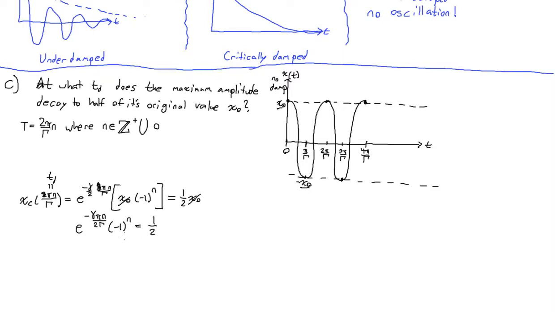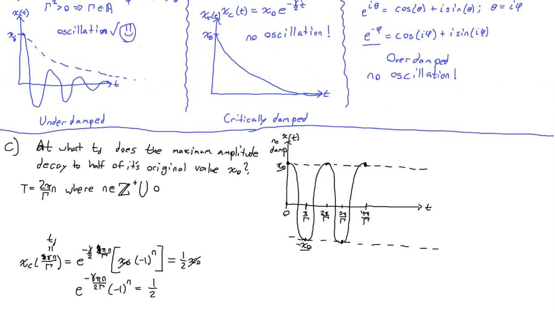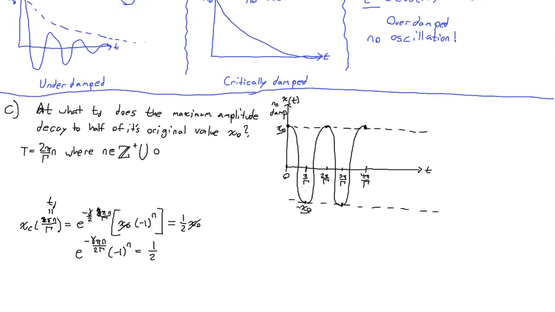Okay, now here comes the part where I am going to discard this negative 1 to the n. Now you might be asking, okay, why can't I just do that? Well, basically because I'm going to take the natural log of both sides, and in order to find the n that I need, I need a real answer for that. And it's not very physical because we care about basically the distance, right? We're not really caring about the exact displacement.